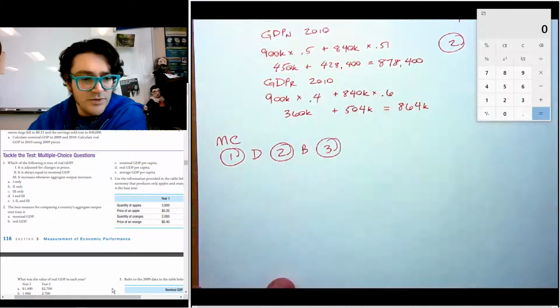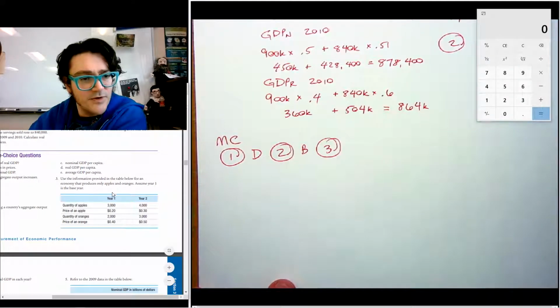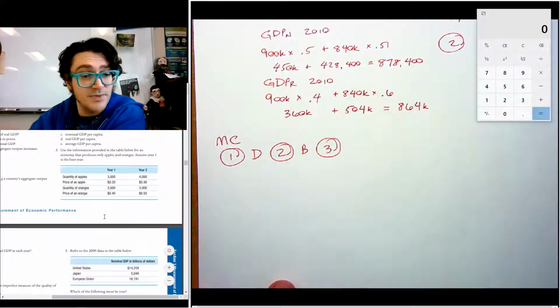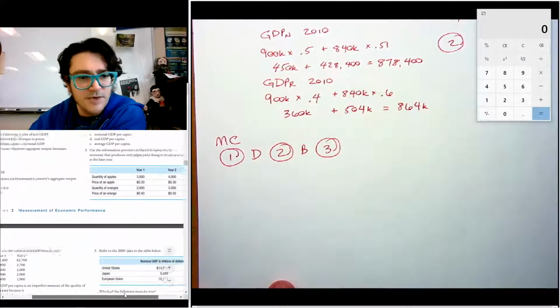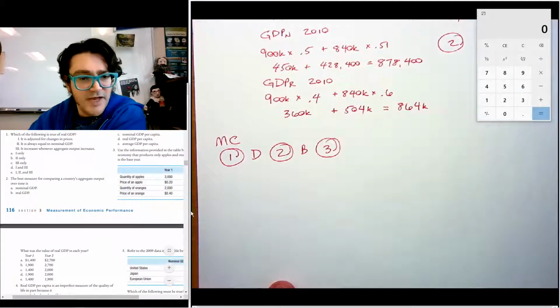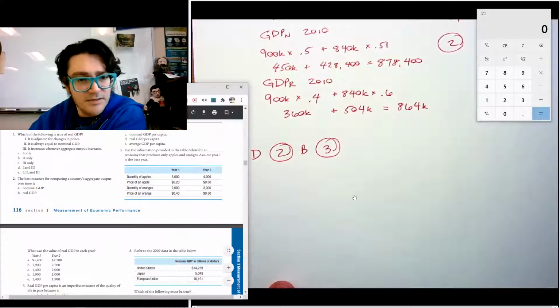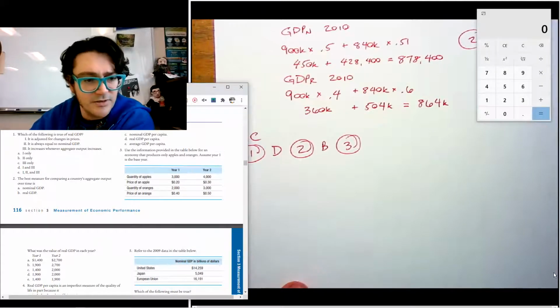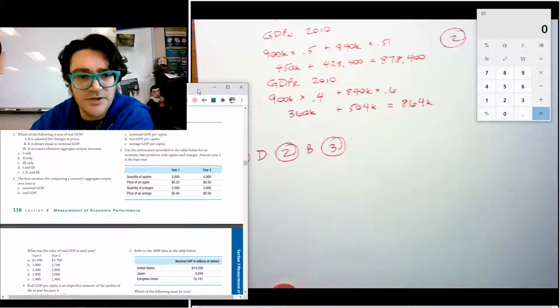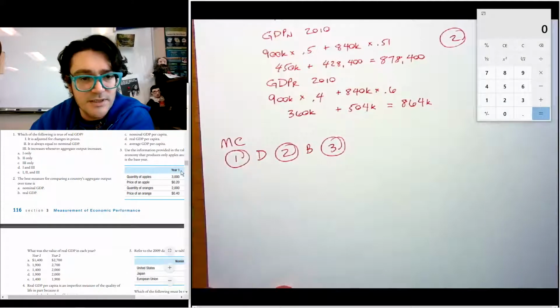Number 3, use the information in the table for an economy that makes apples and oranges. Assume year 1 is the base year. Okay, this is going to be more math, I can tell. What's the value of real GDP in each year, year 1 and year 2? So we just have to calculate real GDP. That's actually not that bad.